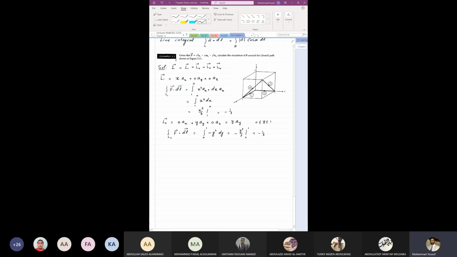So this is again negative 1 over 3. No, wait a minute. x is 0, y is changing, z is 0. So we have minus y square az, and y is going from 0 to 1 along L2, y dy.